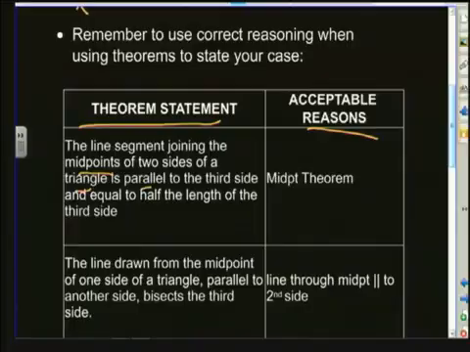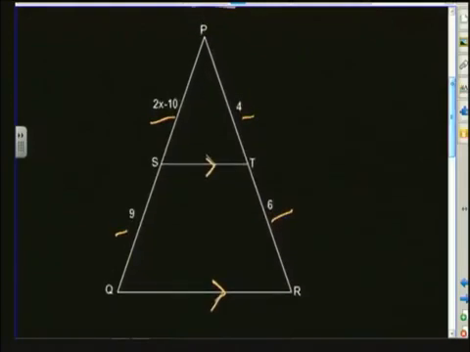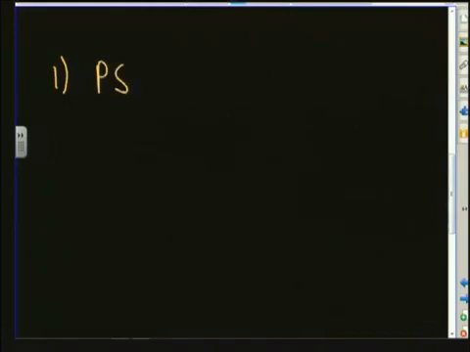What should come to mind is the proportional theorem, all right? So, because ST is parallel to QR, we can set this out as follows. And this is question 1. We can say PS over SQ is equal to PT over TR.